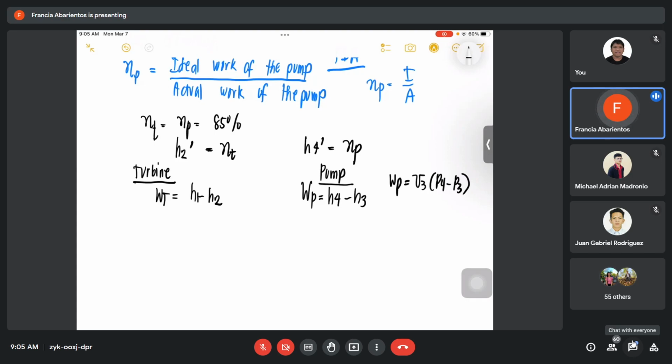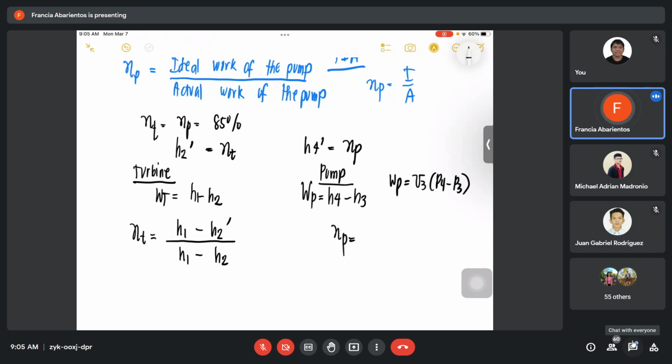So, turbine work is equal to the actual. What is the actual class? So, H1 minus H2 prime over the ideal H1 minus the H2. While here in the pump work, ideal over the actual. Ano yung ideal natin?